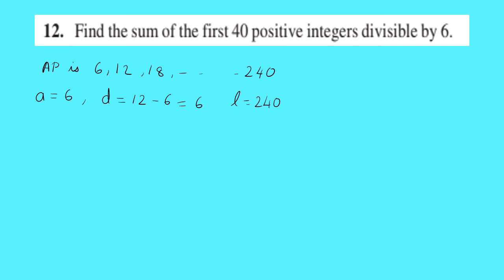Now you have to find the sum of first 40 positive integers, that is S40. We already know that Sn equal to n upon 2 multiplied by A plus L, because the first and last terms are already known.